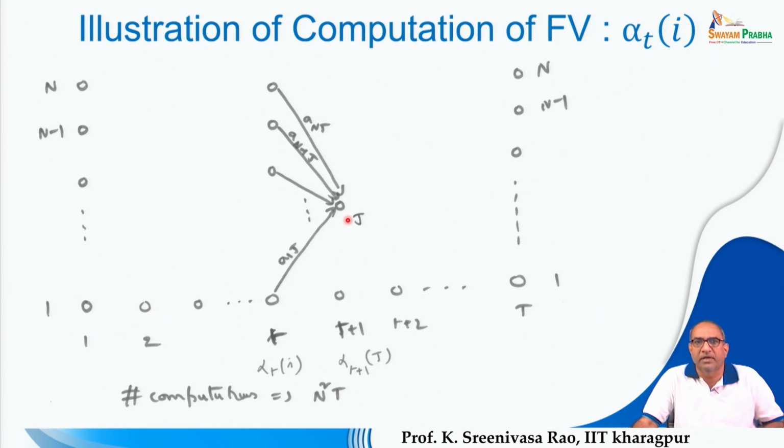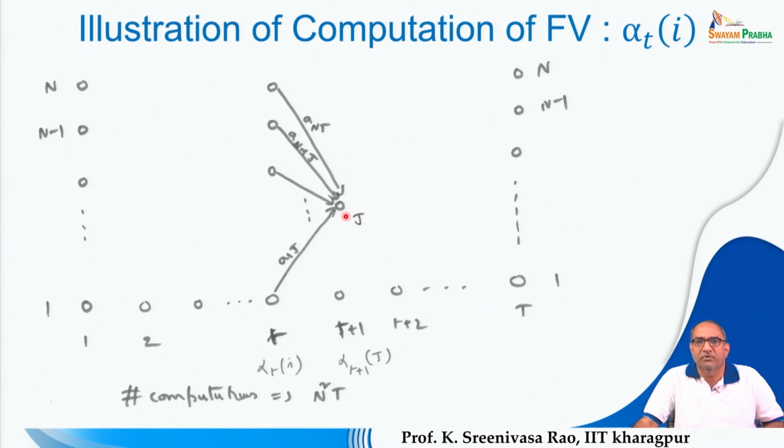This can be computed using recursion, by using alpha t of i, where i equals 1 to N. There are N possible states in the previous instant, and from those there are transition probabilities to reach state j at t plus 1.